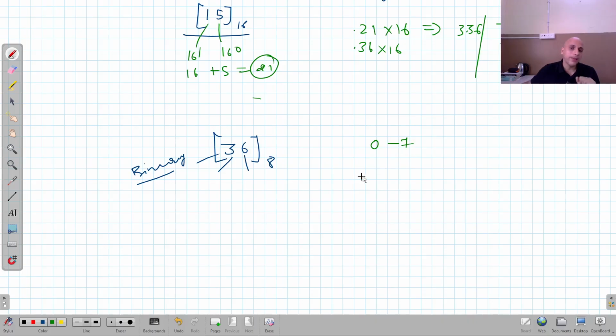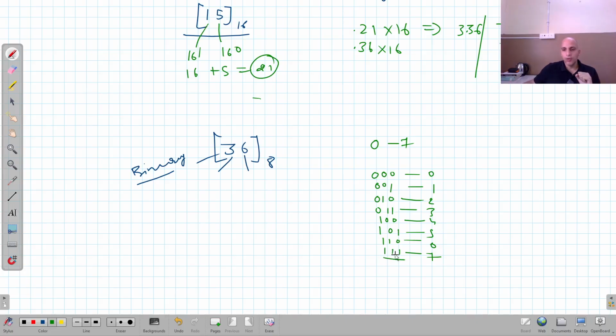If I write the binary numbers corresponding to 0 to 7: 0 0 0, 0 0 1, this corresponds to 0, this corresponds to 1, 0 1 0, 0 1 1, then 1 0 0, 1 0 1, then 1 1 0, and then 1 1 1. This is 1, 2, 3, 4, 5, 6, 7.